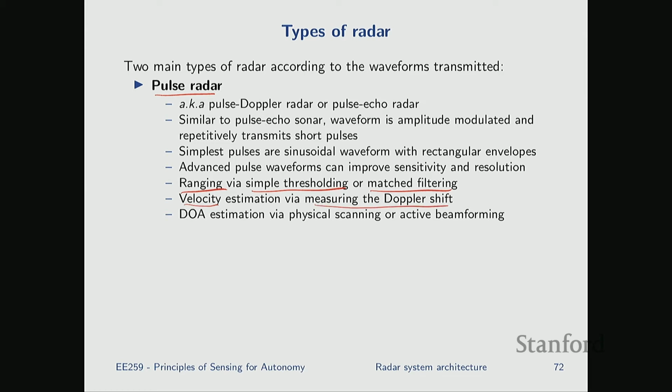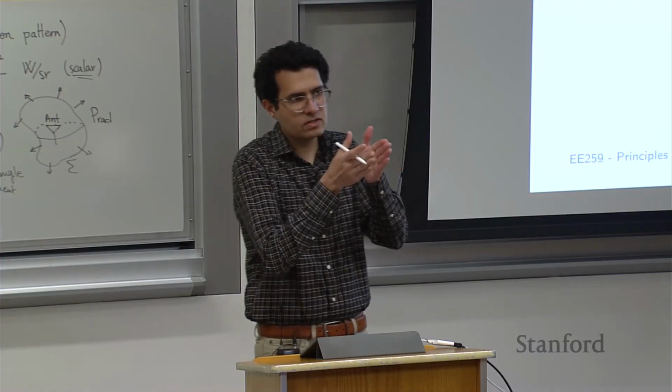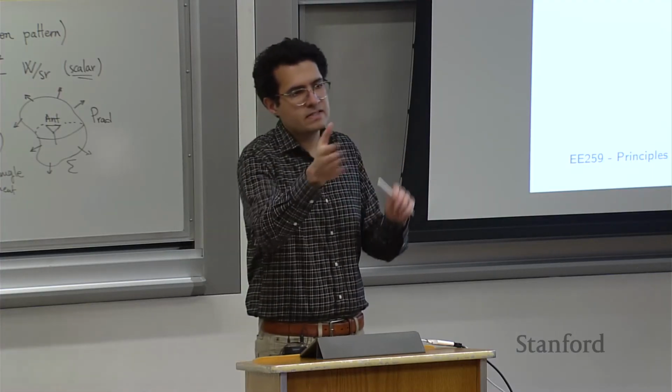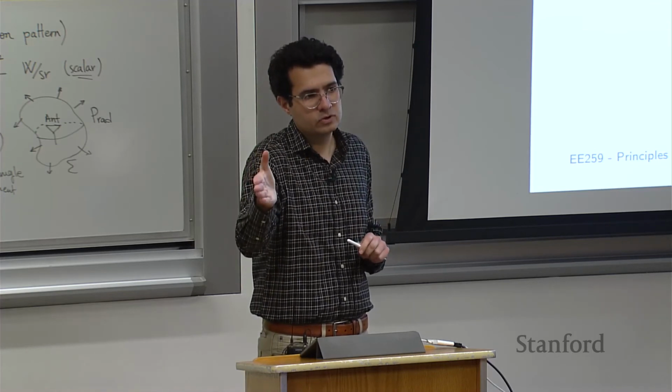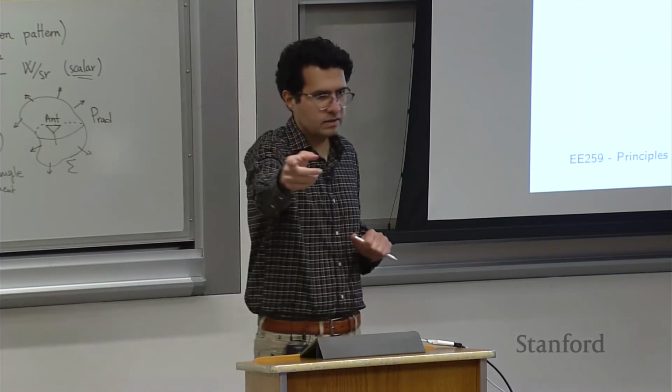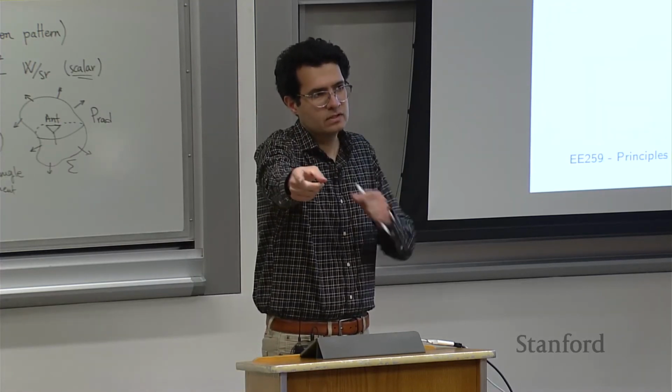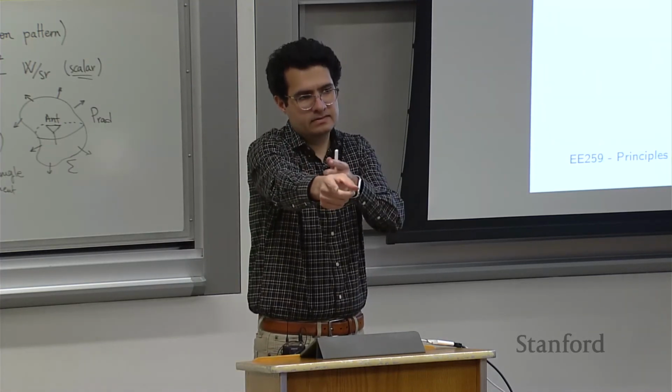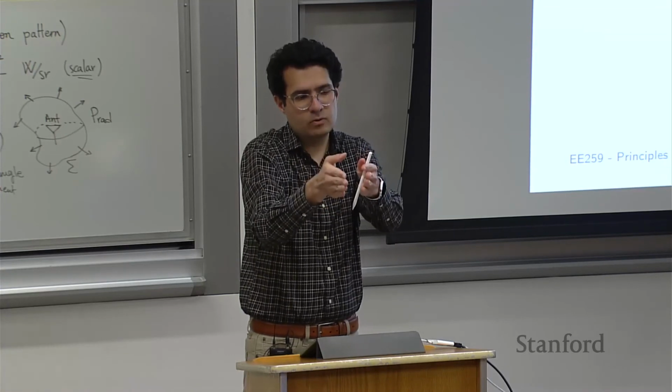For direction of arrival estimation, they either have antennas with very narrow gain patterns, very directional antennas, and then they physically scan the antenna. The assumption is that whatever angle the antenna is pointing to, I'm only sensing in that direction because it's a very narrow beam.